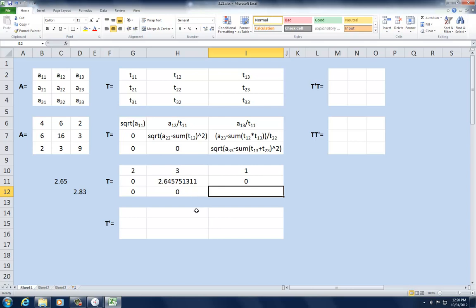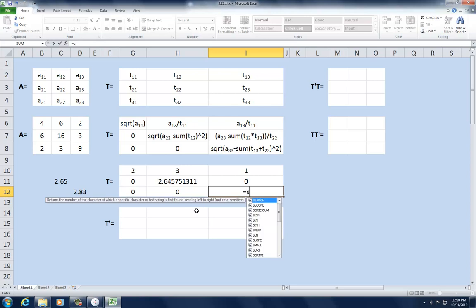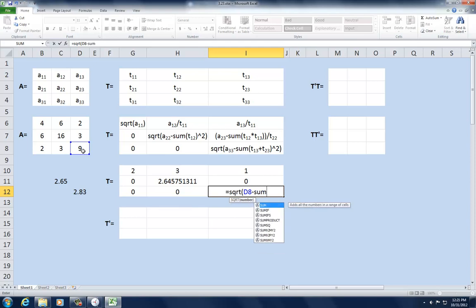And for the last one, T sub 3,3, this is the most complicated. It is the square root of A sub 3,3, which is 9, minus a summation. And what's the summation? It's T sub 1,3, which is 1, plus T sub 2,3, which is 0.